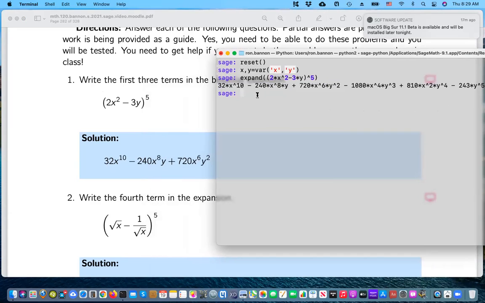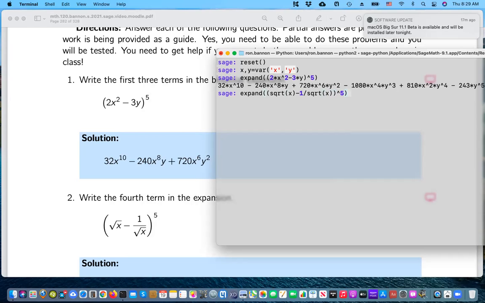Let's do the next one. And I'm going to do the same exact thing, expand. And what am I expanding? A binomial. That's the square root of x minus 1 divided by the square root of x, and that's going to be raised to the 5th power. Again, I know it's an expansion problem.